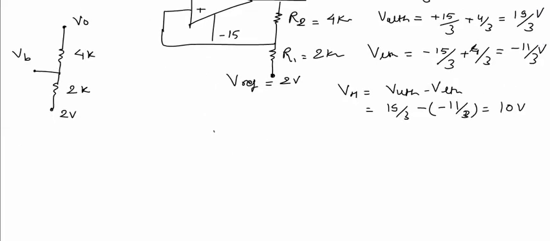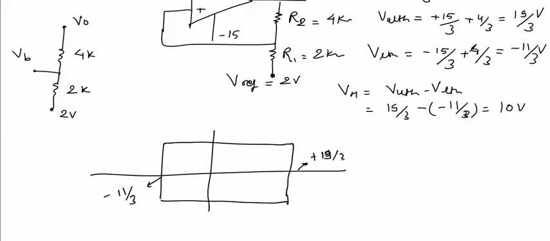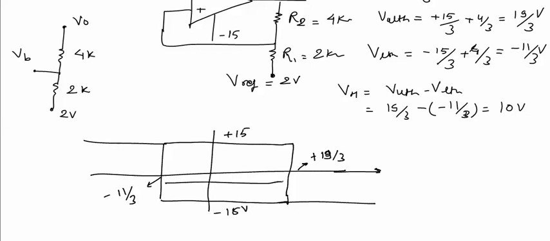Now if we draw the hysteresis curve, it will be like this. This will be minus 11 by 3, this will be plus 19 by 3, this will be plus 15 volt, this will be minus 15 volt, and this difference is 10 volts.